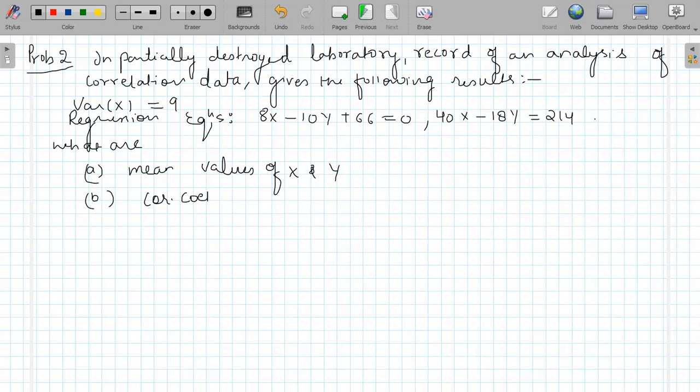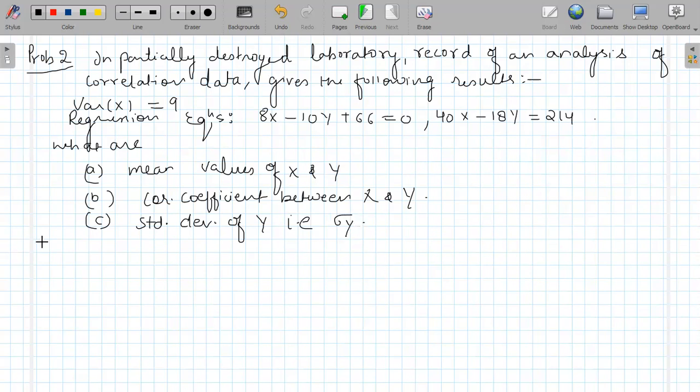And standard deviation of y, that is sigma y. Okay, so we find the solution of this problem.